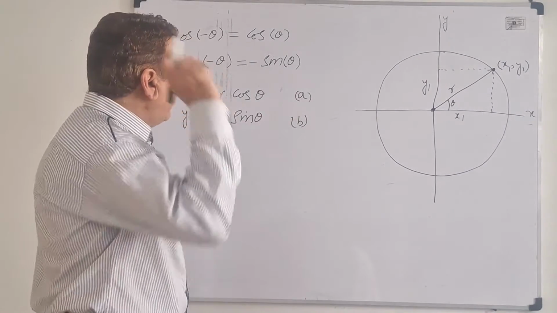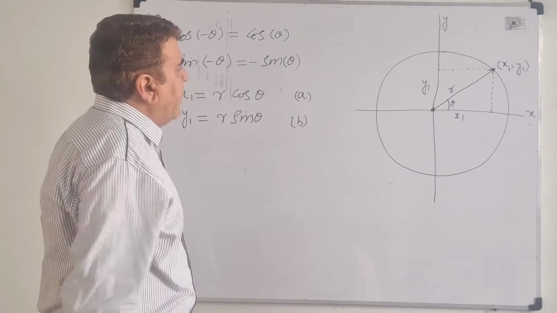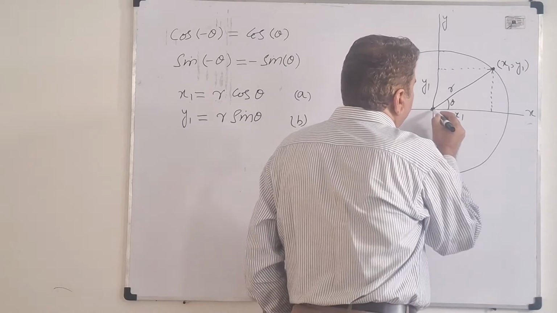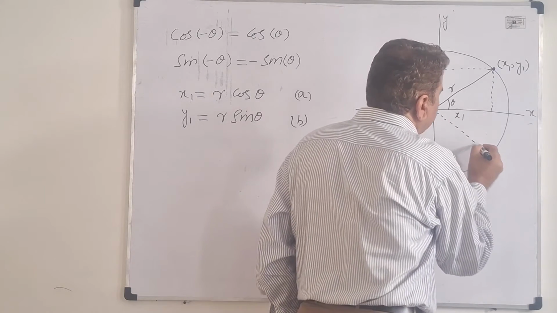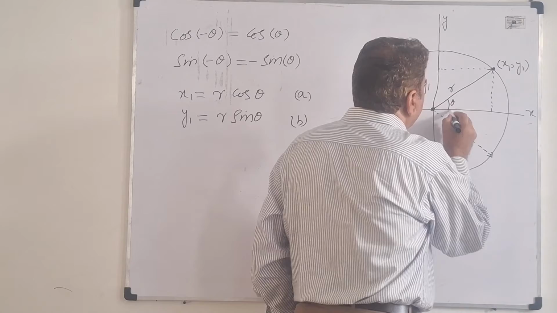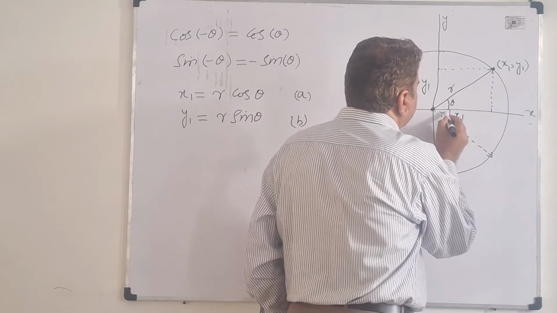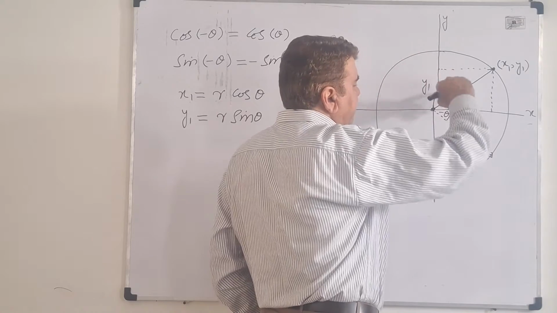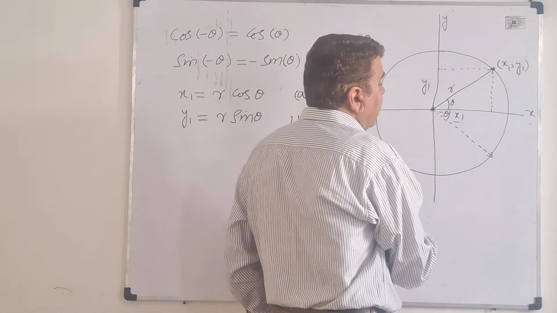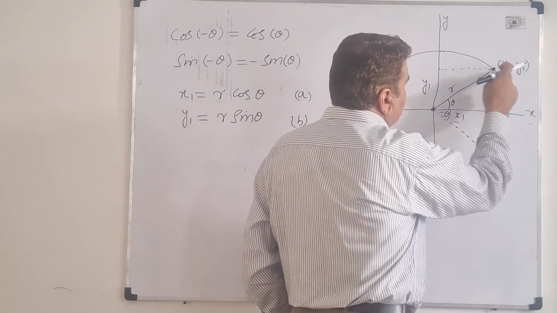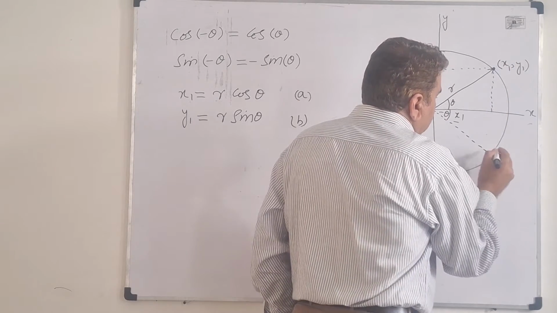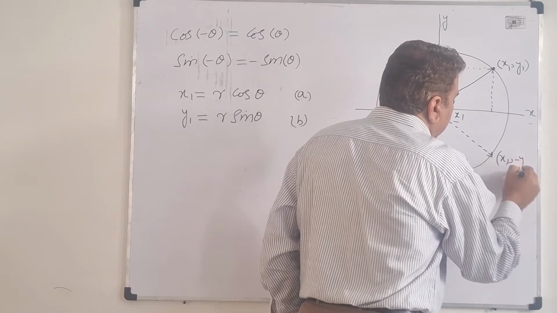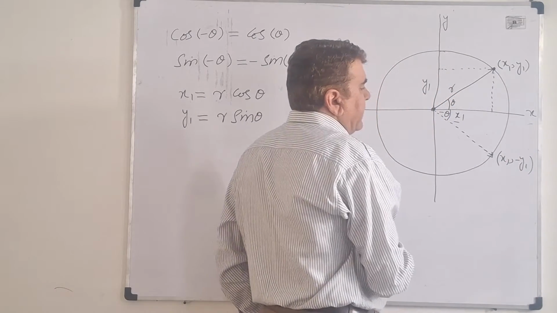Now I consider a symmetrical point to this point. Symmetrical means that now I'm taking a clockwise rotation with angle minus theta. Anti-clockwise we take the angle positive, clockwise we take the angle negative, and this point is symmetrical to the first one, with coordinates x1 and minus y1.